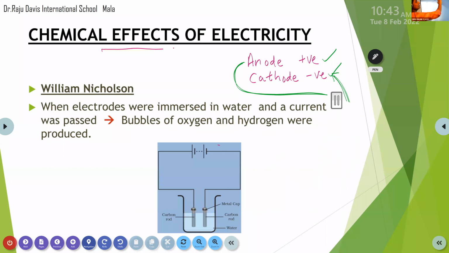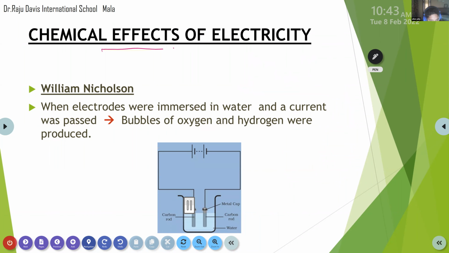The electrode which is connected to the positive side of the battery is known as what?